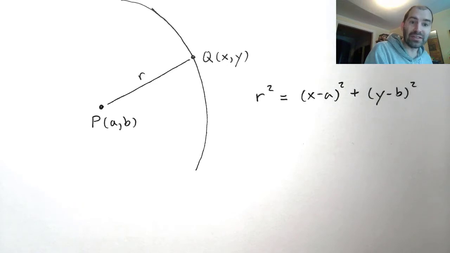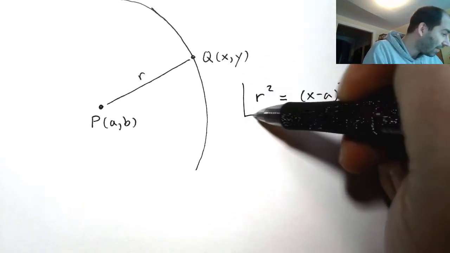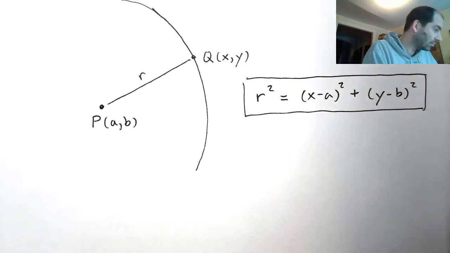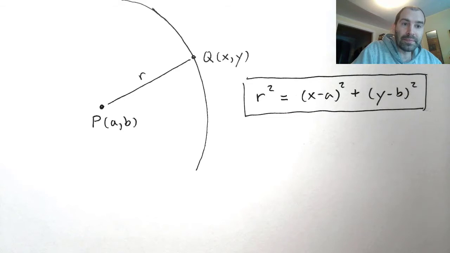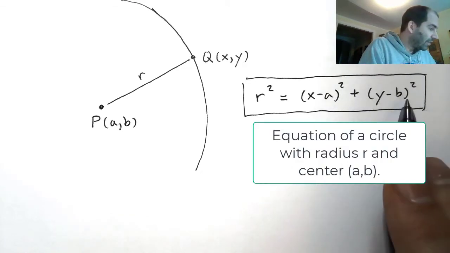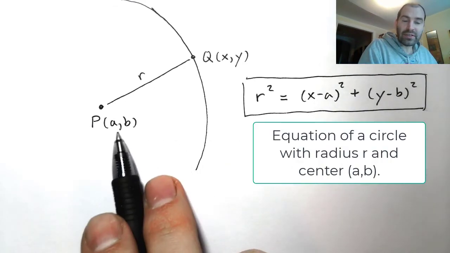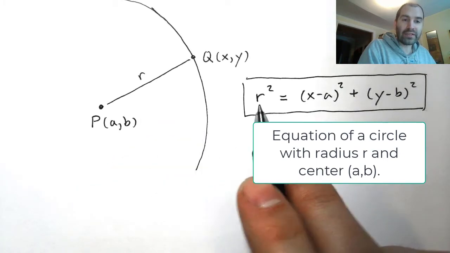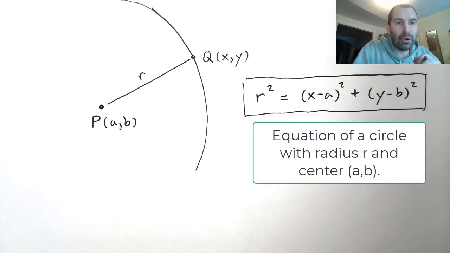And this is just the distance formula. But lo and behold, look what we have. We have an equation for a circle. A and B are the center point. That's the coordinates of the center point. And R is the radius. So if we know the center point of a circle and we know its radius, this is how we write down the equation of a circle.